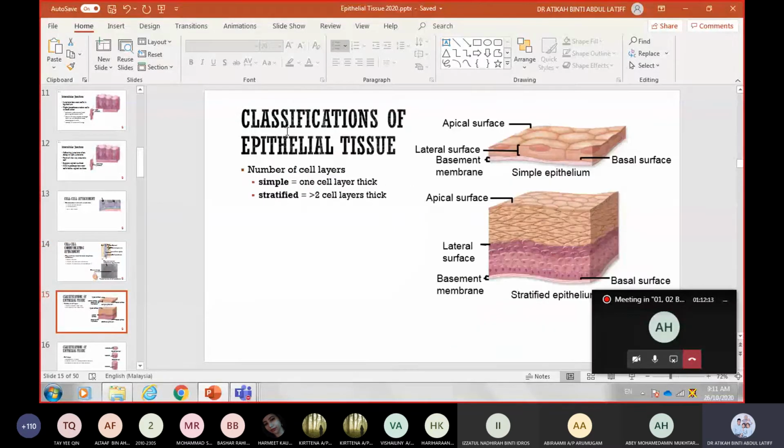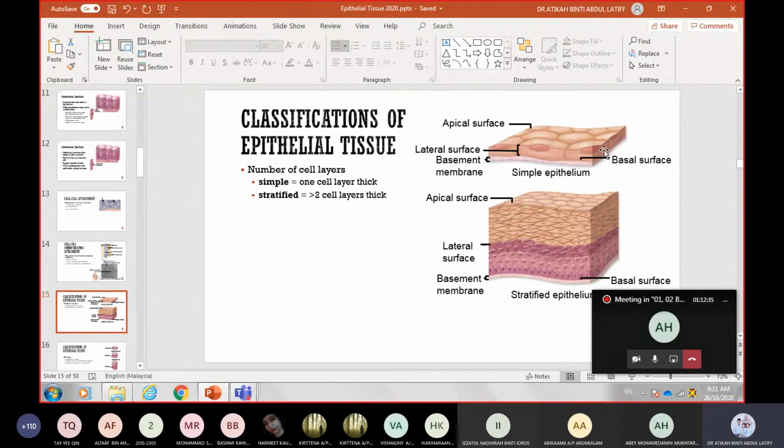Okay, so in terms of classification of epithelial tissue, usually we name the epithelium, we classify them, according to the number of cell layers. If it's one cell layer thick, we call it simple epithelium. If it's more than two cell layers thick, we call it stratified.